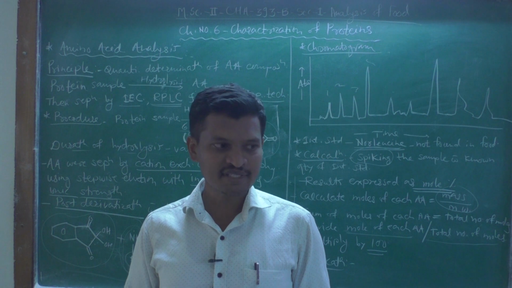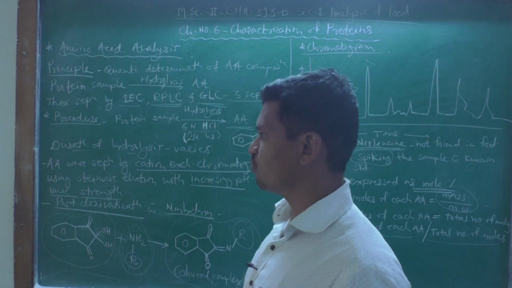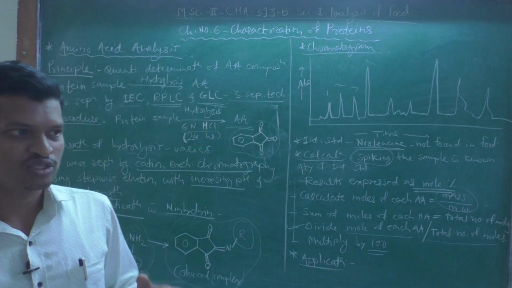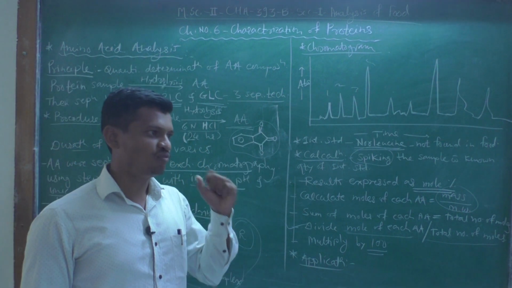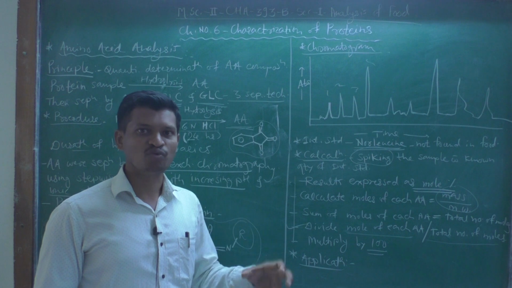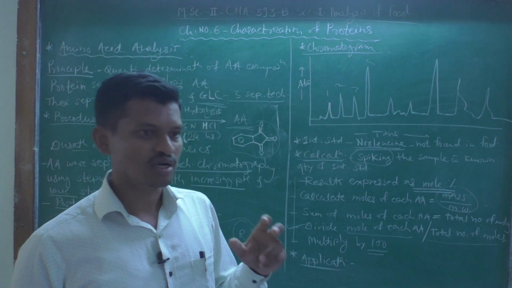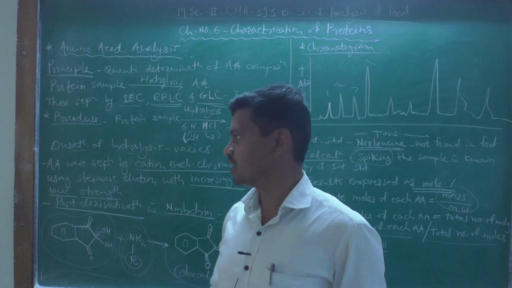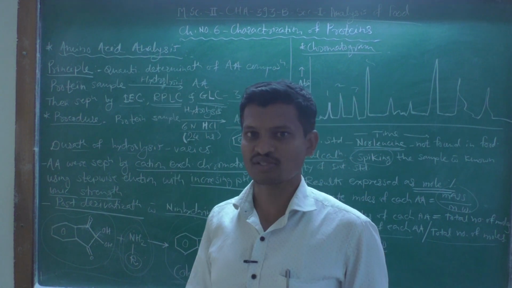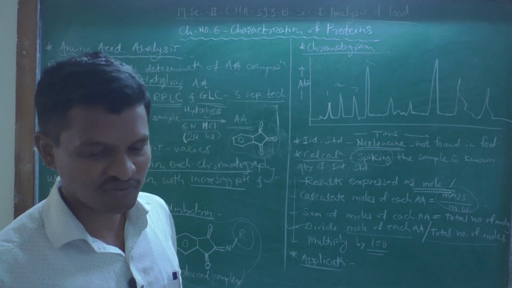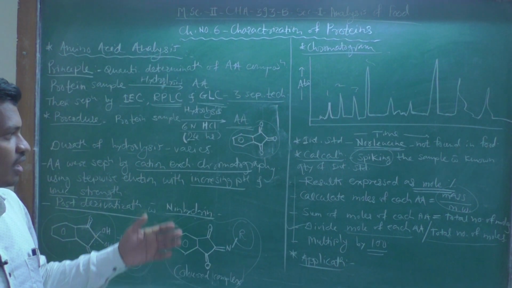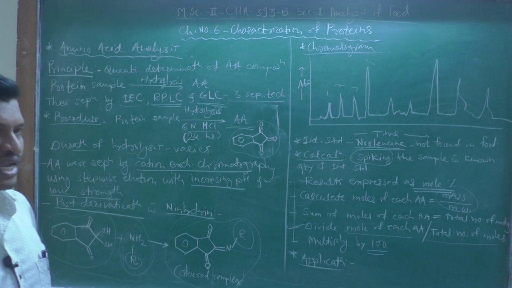This information is also useful from the nutritional point of view. We already know that for giving a label on different food products, nutritional value is essential, and to obtain that nutritional value, this amino acid analysis is also useful. So these are the different applications of amino acid analysis.